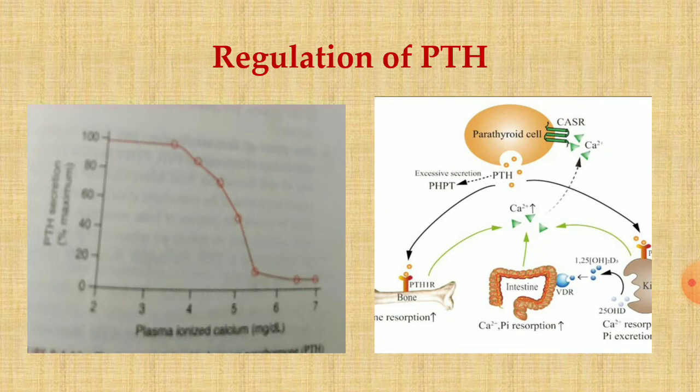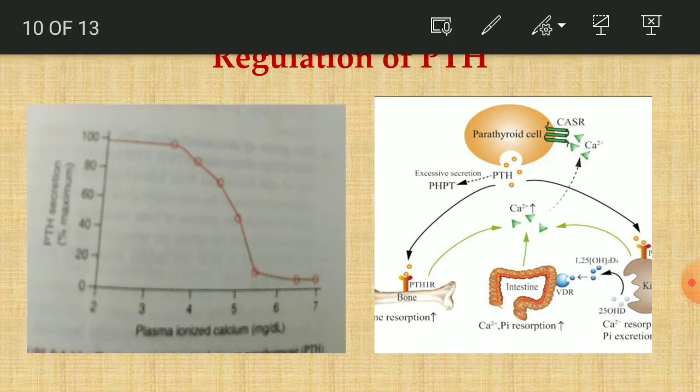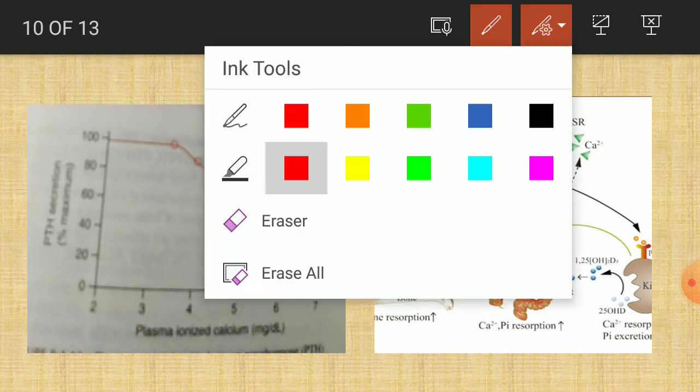Now, these are the physiological roles of parathyroid hormone. Now, let us discuss a bit how the PTH release is regulated and what are the factors regulating PTH release. The first and foremost regulator of parathyroid hormone release is blood calcium. To be precise, ionized calcium.